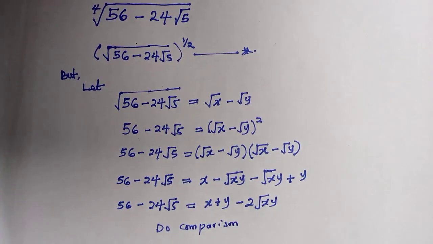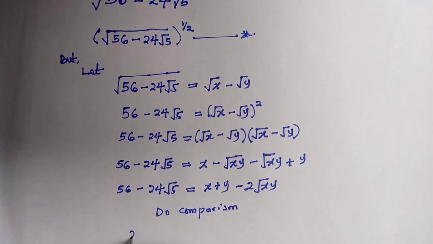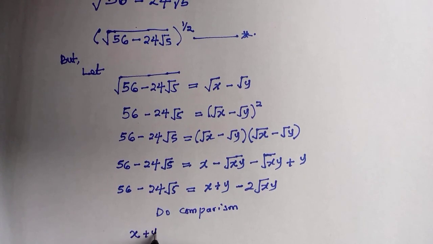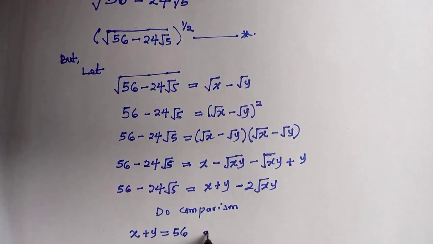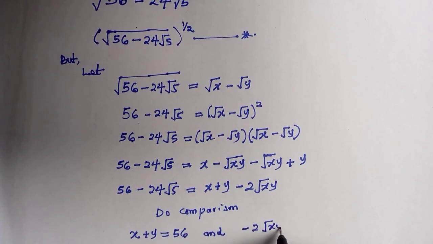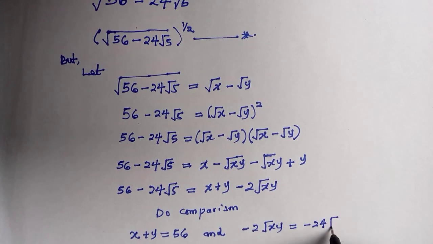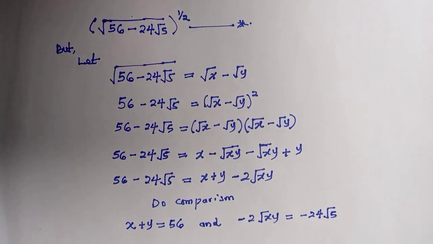By comparing this, x plus y will be equal to 56, because those are the like terms to combine, equals to 56. And the second one, which is minus 2 root of xy, equals to minus 24 root of 5. So they are looking the same, the root of 5.